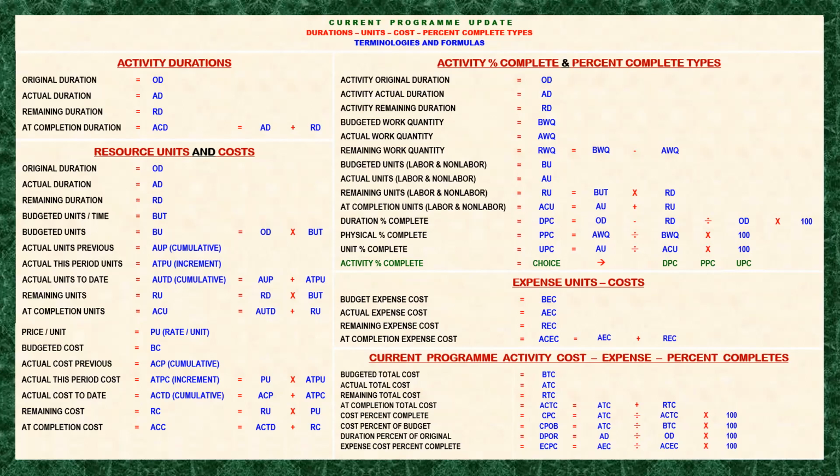If you are in doubt later, just get back to this video, to this figure, and slowly you will realize everything, the correct way of understanding the terms in Primavera P6. I hope that this could help us and be ready for our next episode.